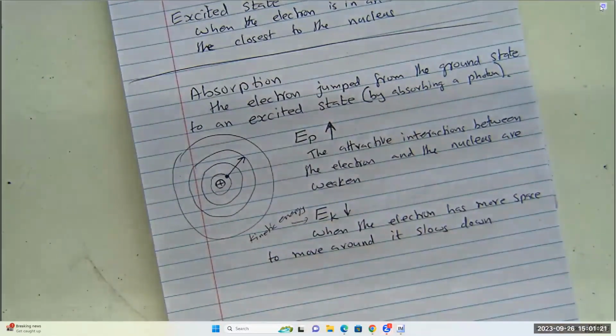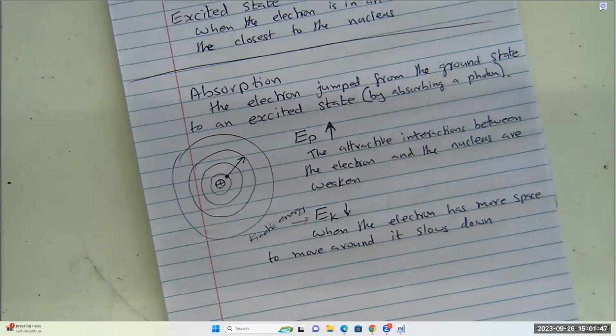Okay, a decrease in the kinetic energy. When the electron goes away from the nucleus, it has more space to move around. It just chills out, slows down, and enjoys the ride. Anyway, do we have any questions, concerns, comments at the moment? Anything?